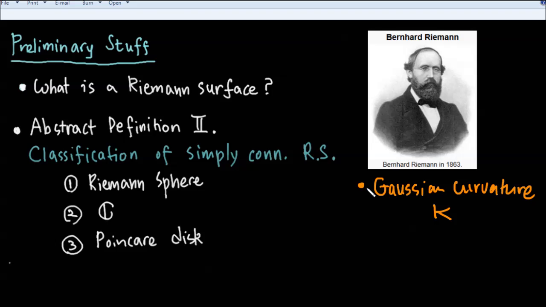Gauss's work on it is called the remarkable theorem. Gauss's remarkable theorem on the curvature says this curvature is preserved through an isometry, the map that preserves the Riemannian metric, and that was a greatest accomplishment.